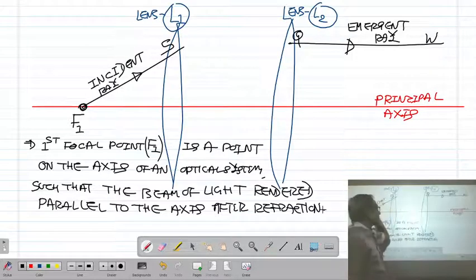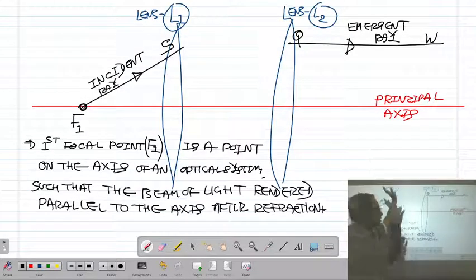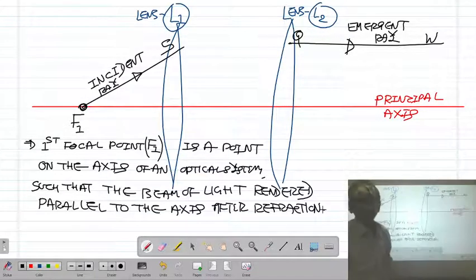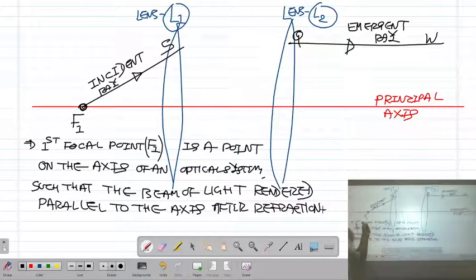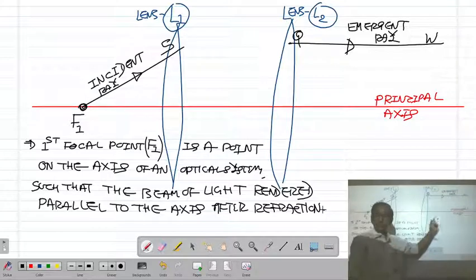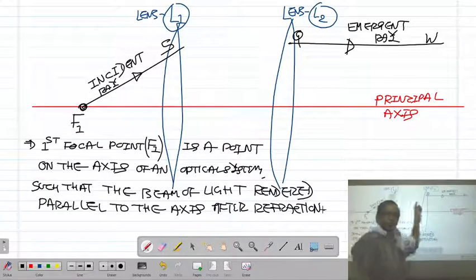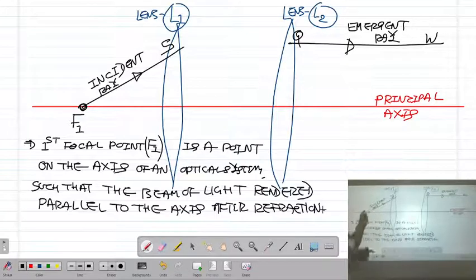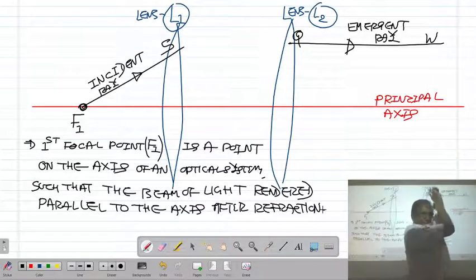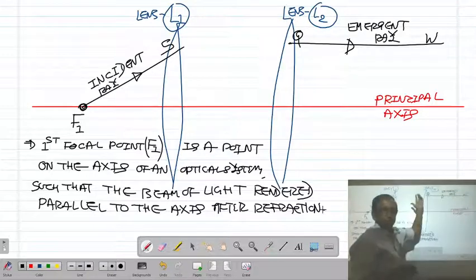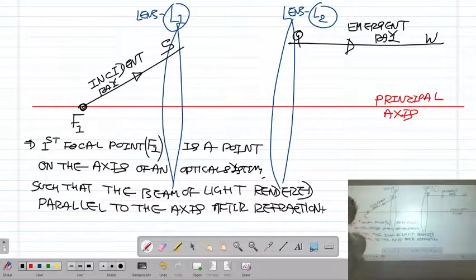So any ray emitted from F1 always becomes parallel to the axis after refraction. I have written the characteristics of the first focal point F1: it is a point on the principal axis of the optical system such that the ray of light emitted from it becomes parallel to the axis after undergoing refraction in the lens system. So F1 is called the first focal point.